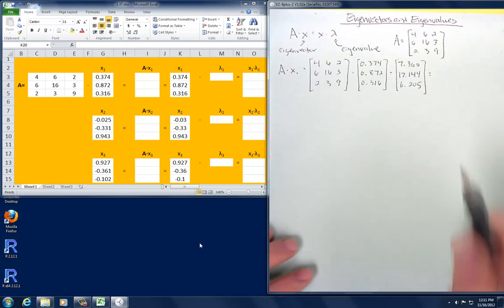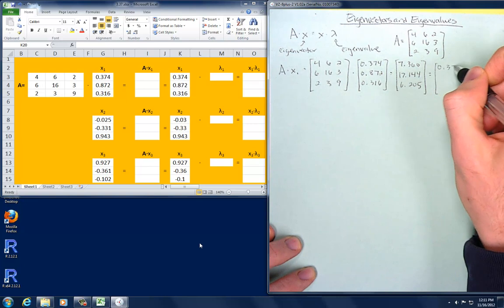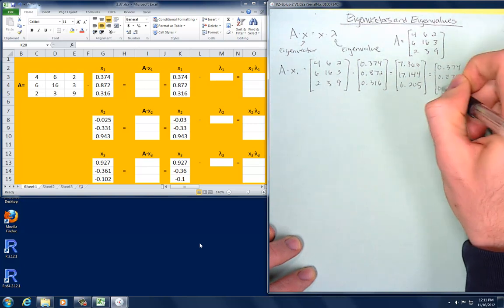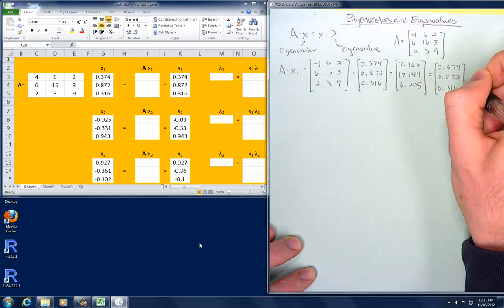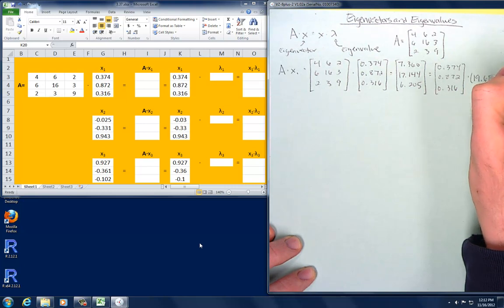This will actually turn out to be this x1 again, 0.374, 0.872, 0.316, multiplied by a constant, and that constant is actually 19.662.